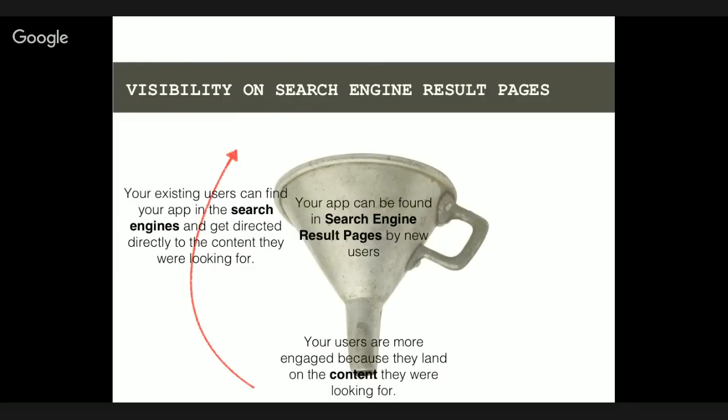And I mentioned earlier that new users can find your app in the search engine result pages, but also your old users can re-engage with your app by using, for example, Google or another search function, and you will be able to re-engage your customers to your app by using mobile deep linking. So you get more visibility, you get more engagement, and you get more re-engagement.